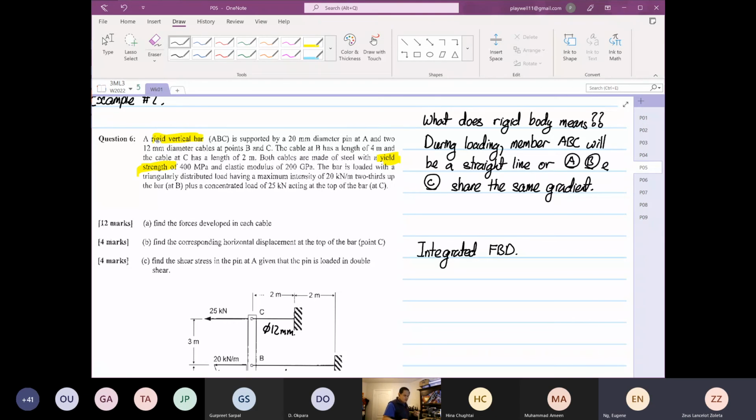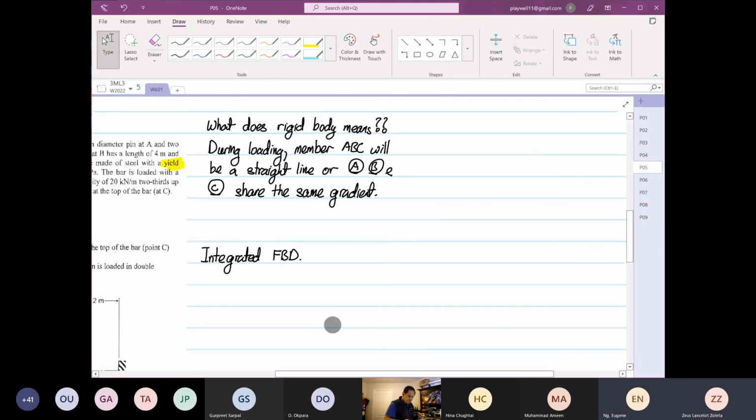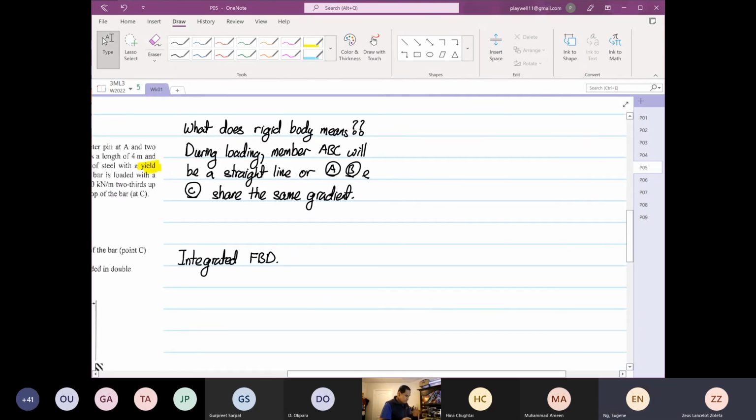So what do we mean by that? I'm going to do some side work at this end. If we have a structure, and this structure is built in, or it's not necessarily built in, it's on a pin.